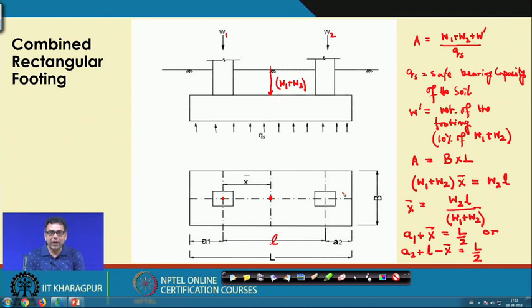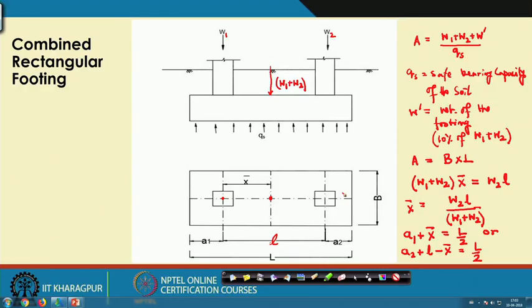So, based on that, I will take the dimension. Okay. Now when we decide this dimension, then we have to check whether it is safe against settlement and bearing or not, and then we will do the design.